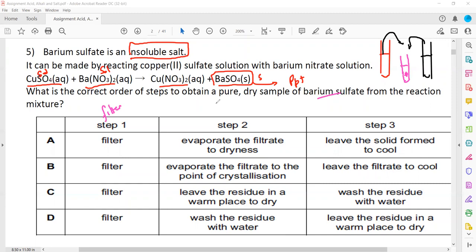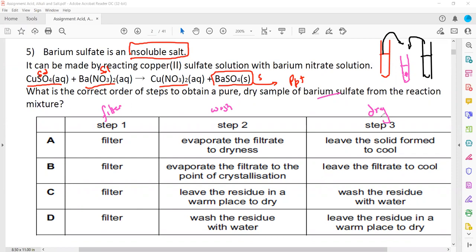Then the solid which we have after filtration, we wash with distilled water, because it is insoluble, it does not dissolve. That's why you can simply wash it with water. So the second step is wash, and the third step is dry. These are the three main steps to obtain the insoluble salt.